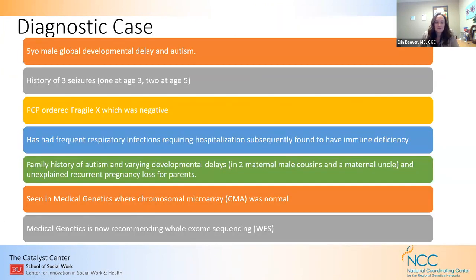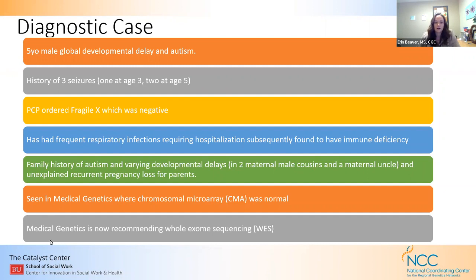So we thought that this would be a good place to bring in that diagnostic case that we talked about in the first presentation. So just as a reminder of that case, or for those that were not able to attend the first webinar, our first diagnostic case is a 5-year-old male with global developmental delay and autism. He's had a history of 3 seizures, 1 at age 3 and 2 at age 5.